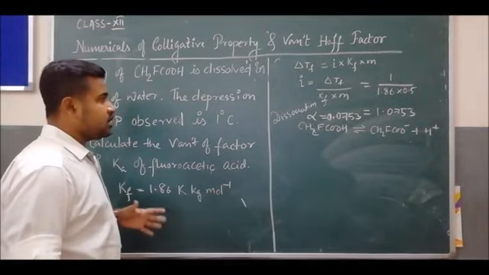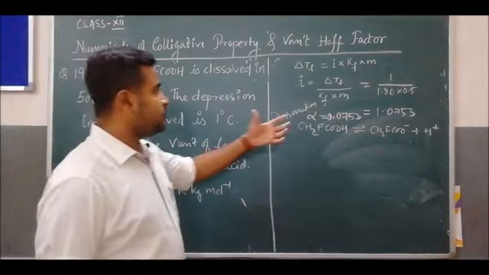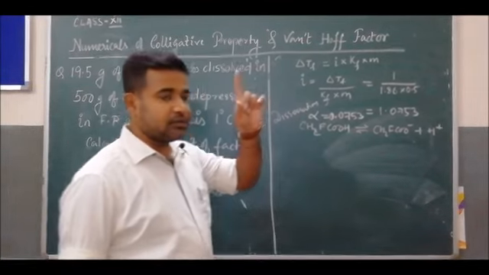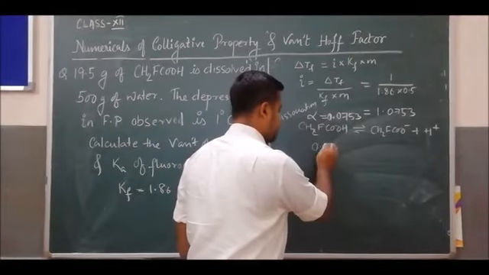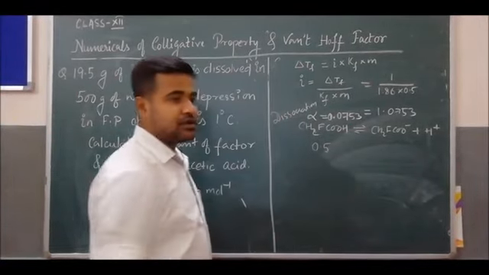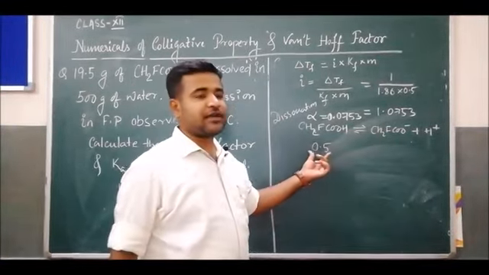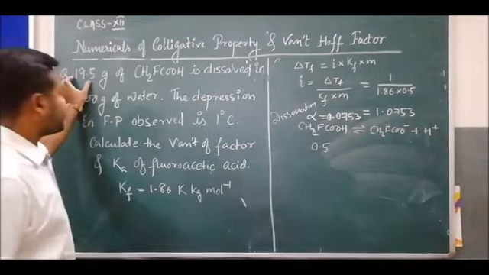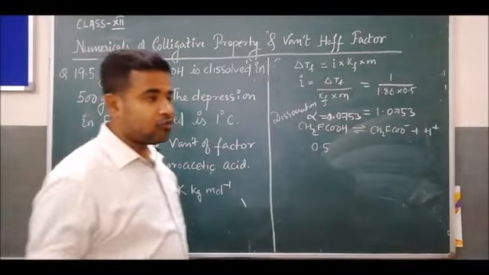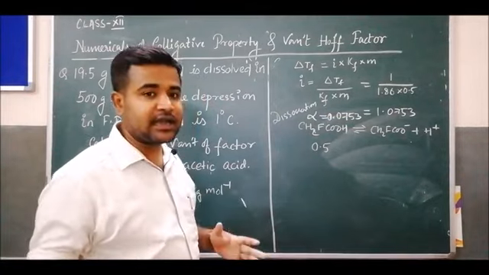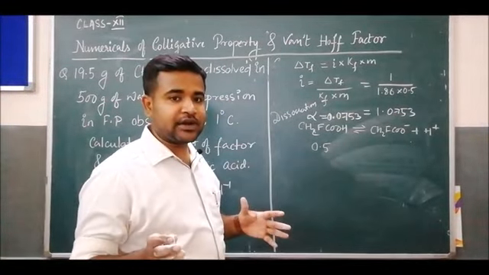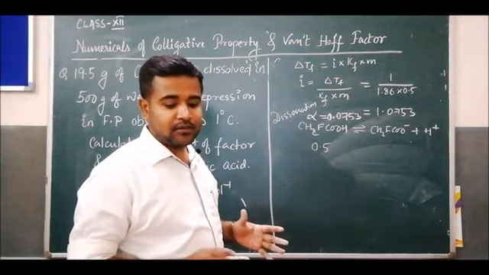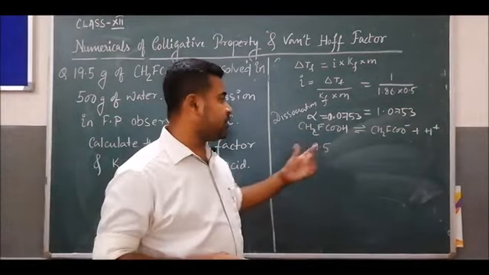What is the initial concentration of this fluoroacetic acid? In the molality we found it is 0.5. You can check it previously, we have taken 19.5 divided by 78. Molar mass of fluoroacetic acid is 78. So the number of moles is 0.5.